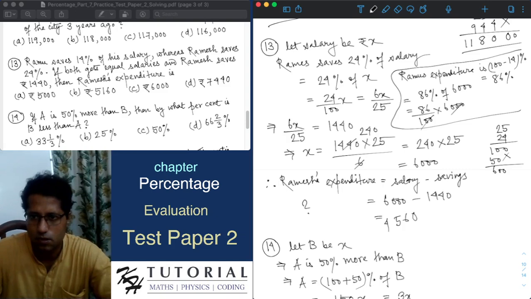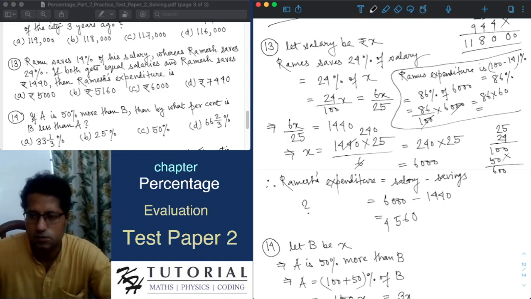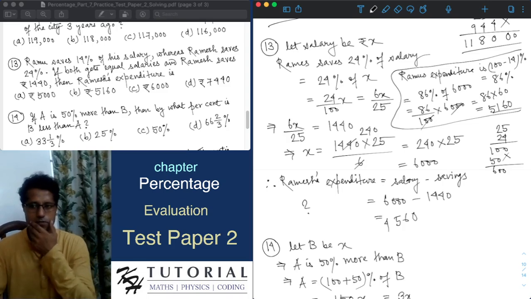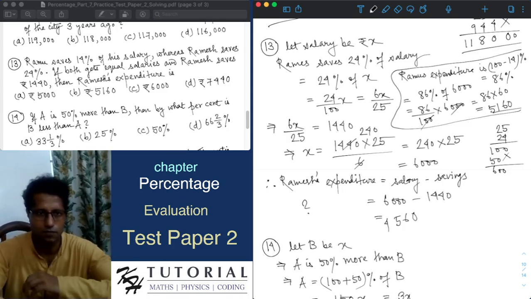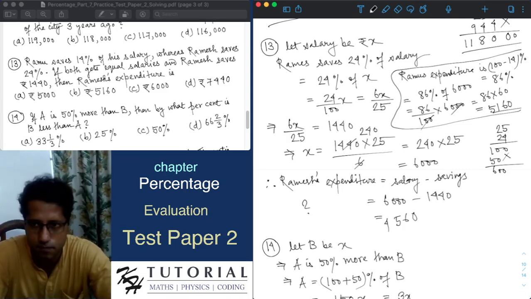So this is 86 by 100 multiplied by 6,000. 100 cancels out. So this is equal to 86 into 60, which is 5160. Okay, so 5160 is given as an option as B. So I guess the question was to find Ramu's expenditure and not Ramesh's expenditure.